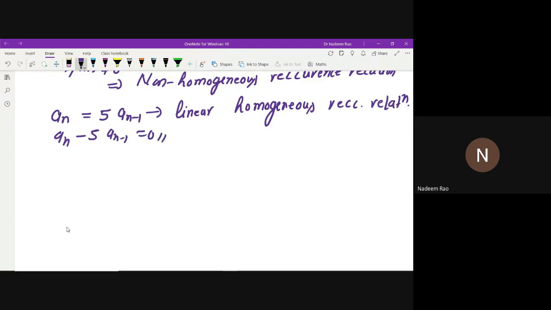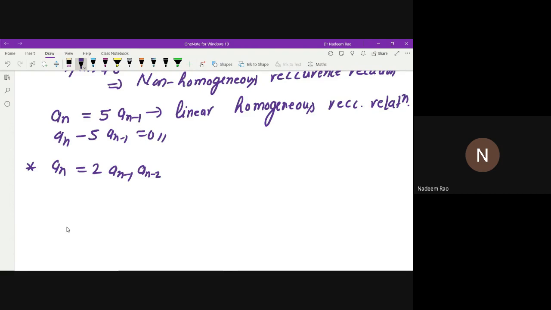And another example here we are going to do, that is a_n equals 2 times a_{n-1} times a_{n-2}, which is not a linear homogeneous relation with constant coefficients.